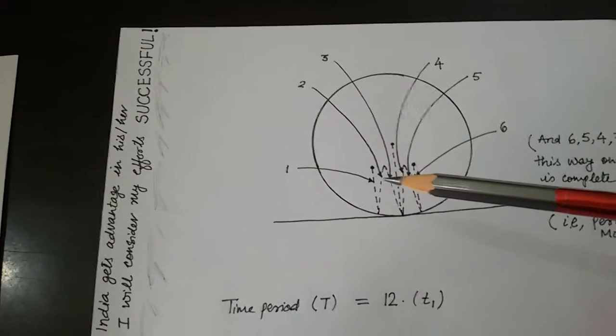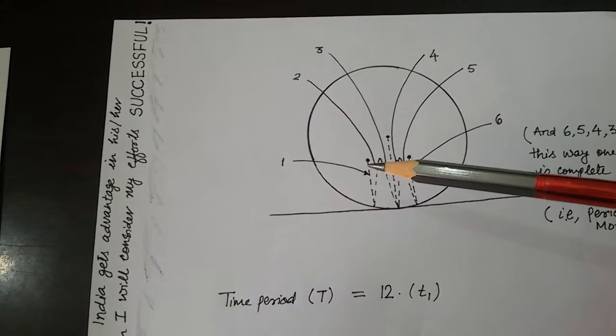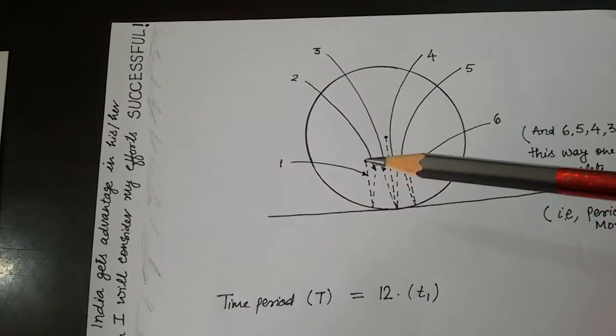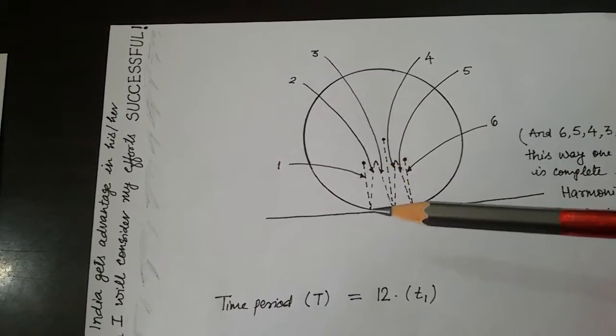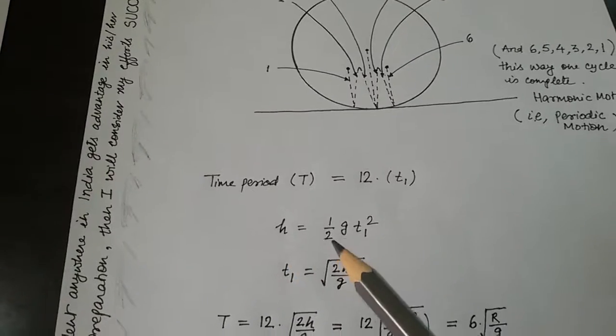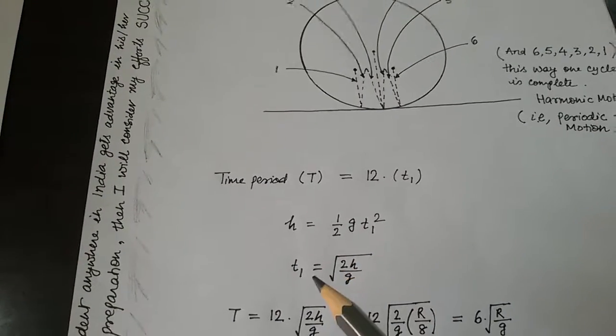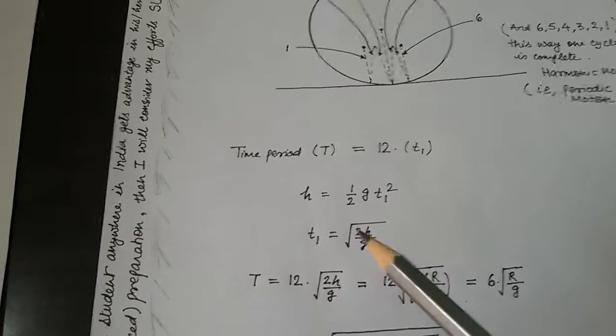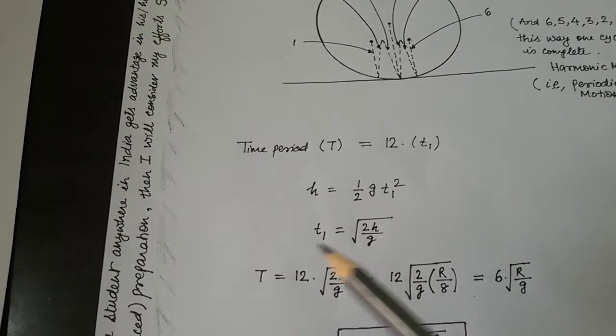So the time period will be equal to what? 12 times t1. What is t1? t1 is this time, one time. So for that t1, we can simply write h equal to half g t1 square. So t1 is under root of 2h by g, simple. And 12 times this value is the time period.